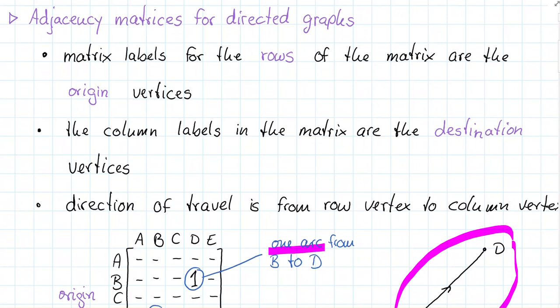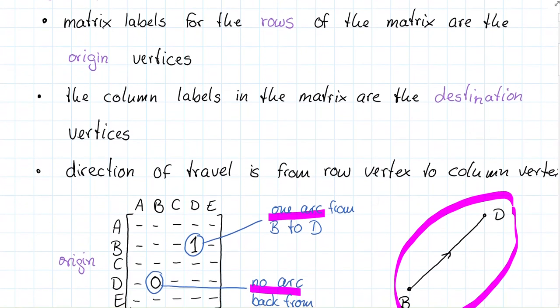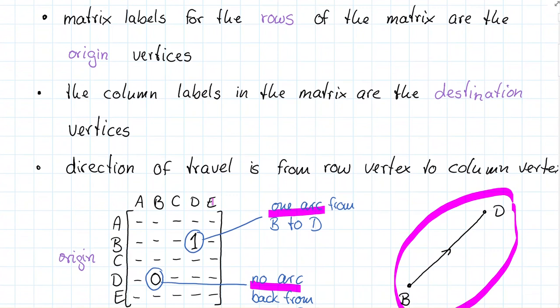And when we do that, you can see a matrix down here. A, B, C, D, E, A, B, C, D, E. All right, that's a matrix. But the labels here on the rows is the origin, so where the graph starts. And this is where the graph goes, so that would be the destination.